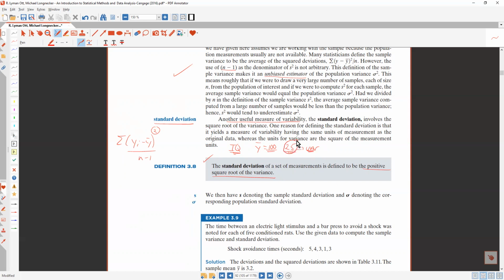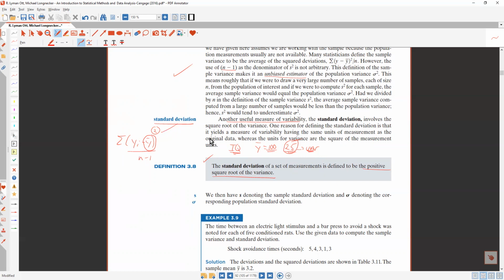So if I told you how much variability there is in the class on IQ, and I told you it's in 25 squared units, that would be very awkward, right? If I told you on average scores deviate from the mean by 25 squared units, you'd say, why are you reporting it in squared units? That is very awkward. And it is awkward, but we had to square to get rid of those negative numbers.